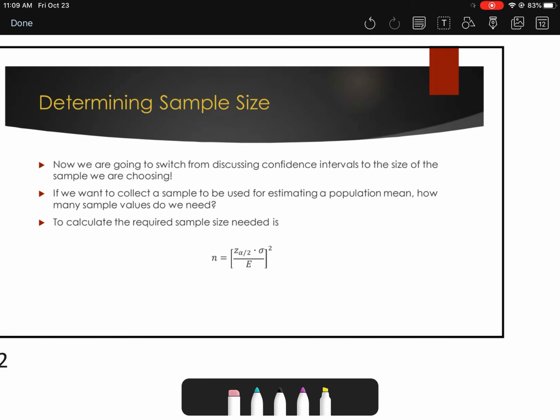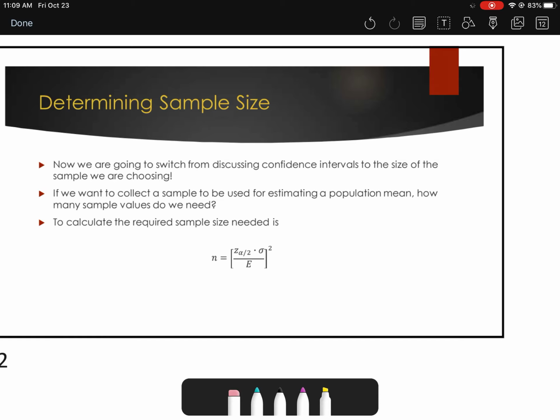Okay, so determining sample size. So we're not going to be necessarily given our sample size. So how do I know if I want to be like 95% confident and I'm doing research, how many people do I need to sample in order for that to happen? So this is what we're going to talk about here. So if we want to collect a sample to be used for estimating a population mean, how many sample values do we need?